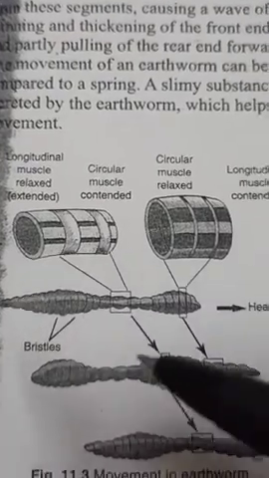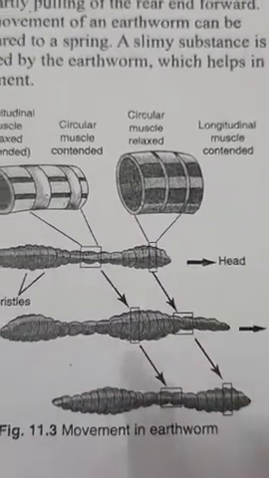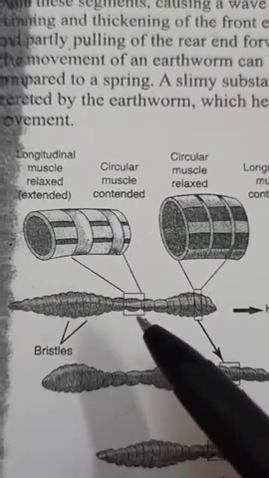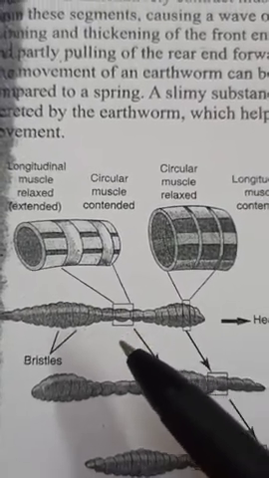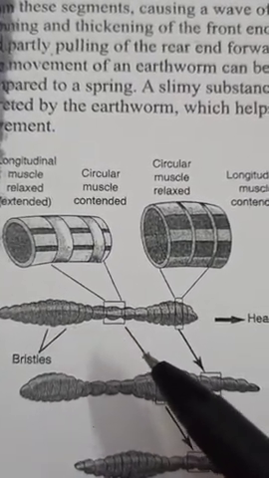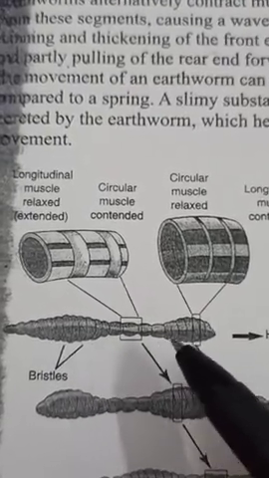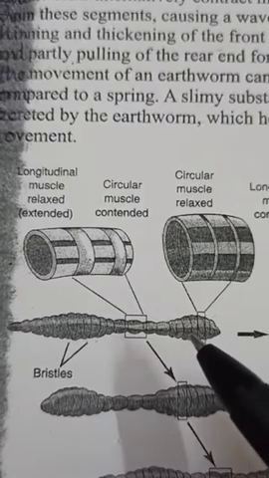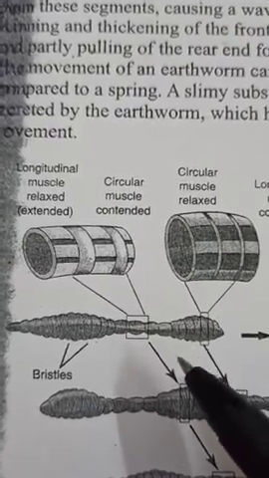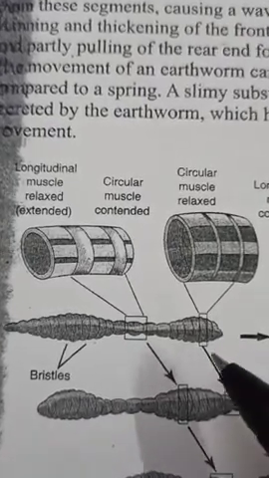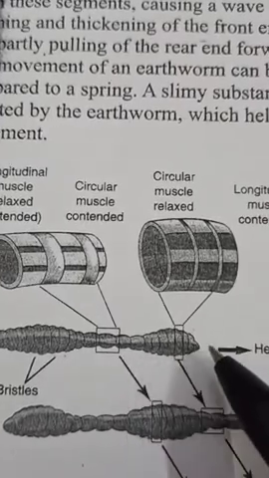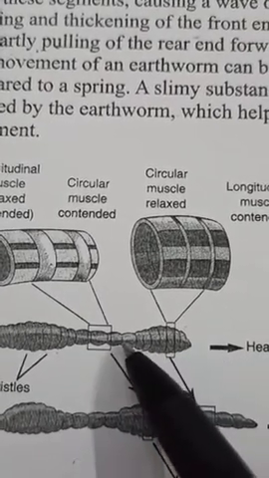Okay, so this is children about the earthworm's movement, and its movement we can study with the help of a spring. As a spring can show contraction and relaxation, in the same way its body also shows contraction and relaxation.